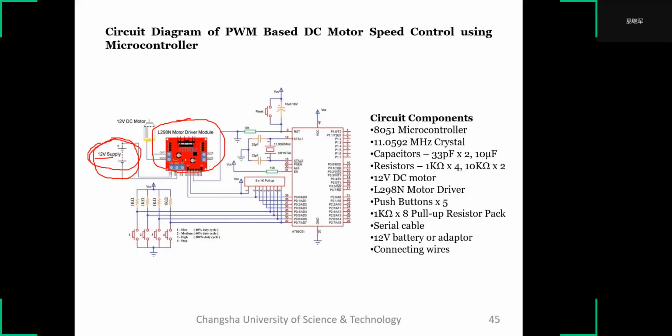Before you can continue your simulation, you need to find how to connect the IC to the microcontroller.